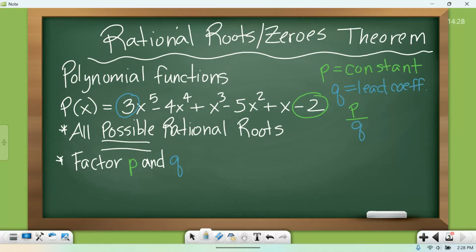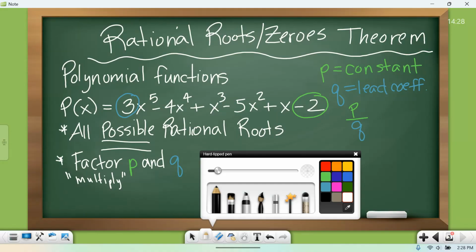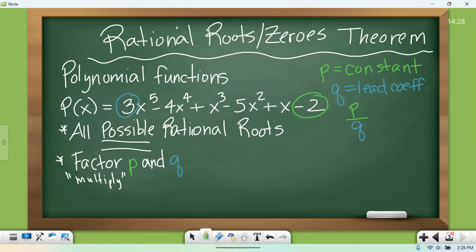So let's start. Factor. What does factor mean? Multiplication. Factor means multiply, right? So if I'm looking for factors of a number, I'm looking for things that I can multiply together to get that number. So let's look at some of these factors here. Okay. Let's start with P, our constant term.